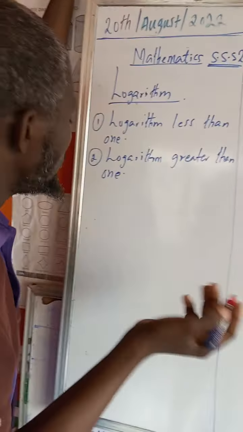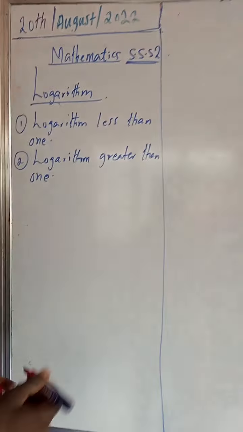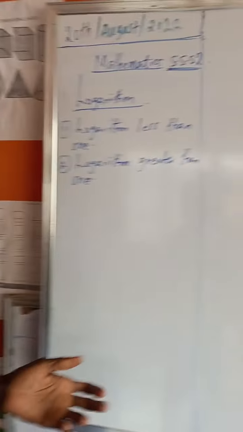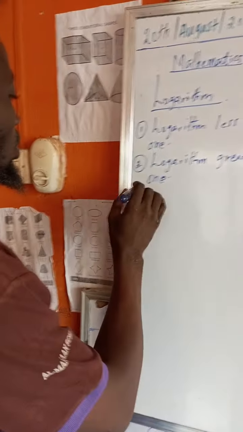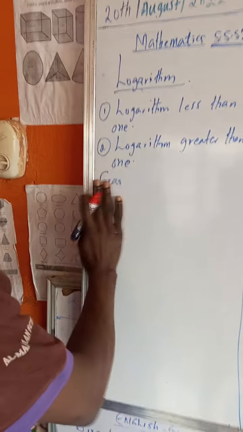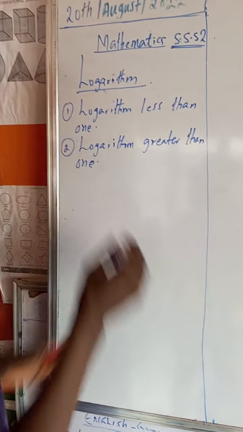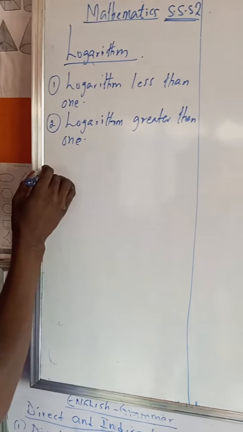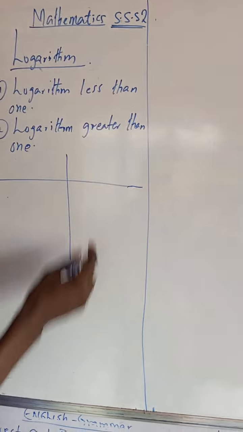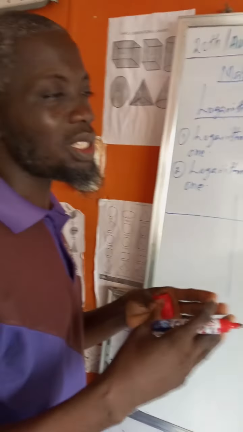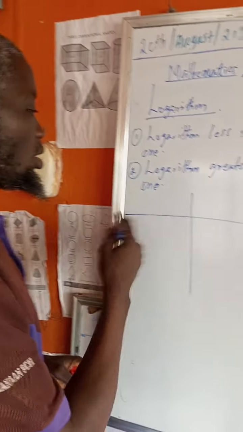Now let's look at logarithm that is less than one. Before the example, there are some important things to look at. In this aspect you are not going to be using a calculator, because they will ask you to evaluate without using a calculator. It means it's logarithm.